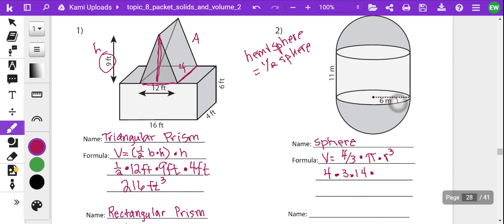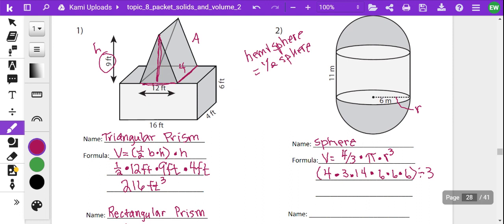It's nice that the radius is up here for us. We don't have to figure it out. Times 6 times 6 times 6. After we multiply all of that, we divide by 3.